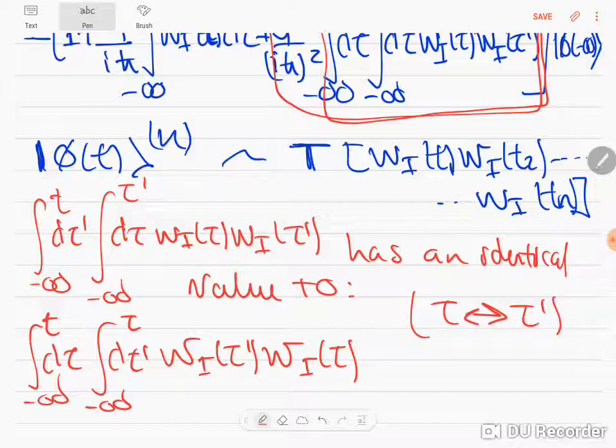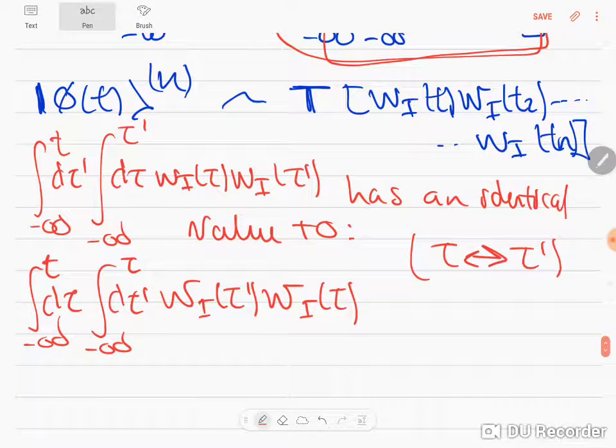Okay, these two integrals give exactly the same number. So these integrals are numbers, and they are the same number.